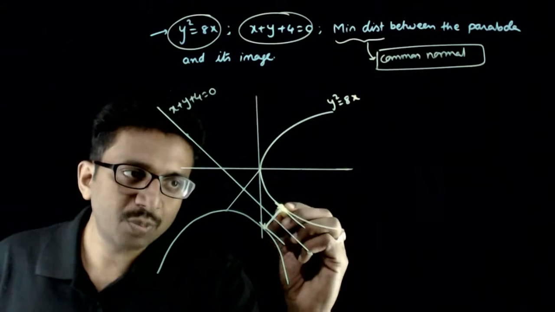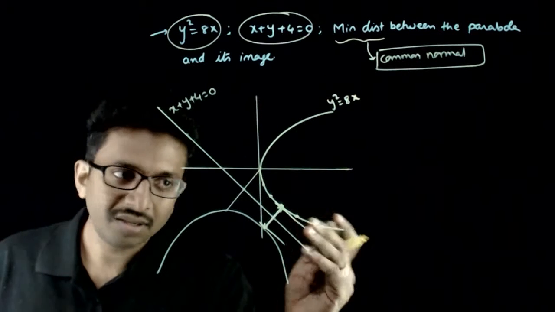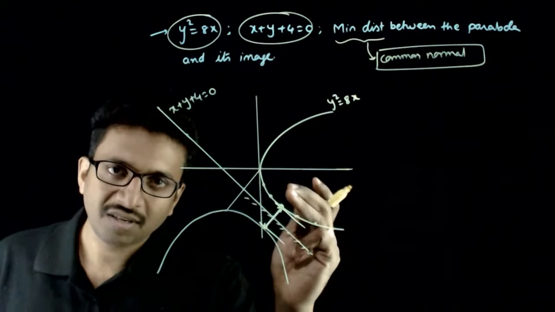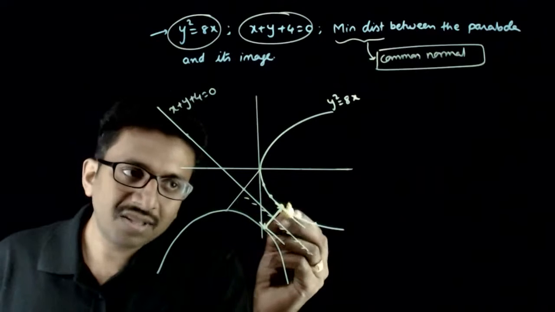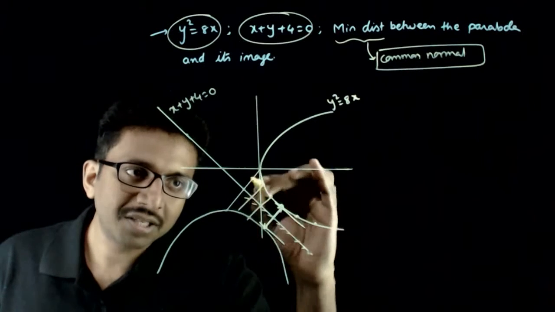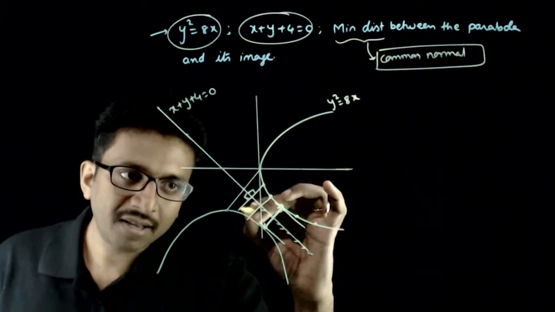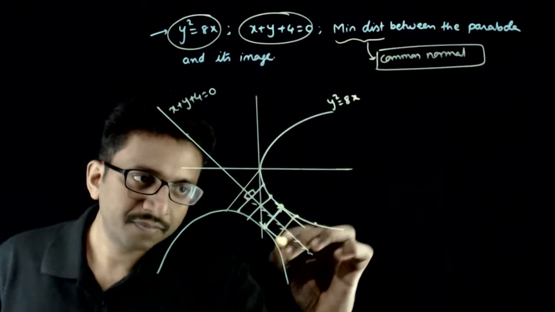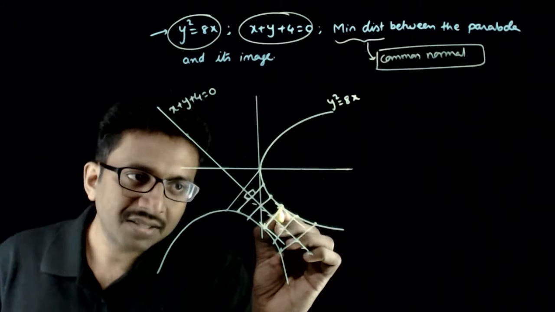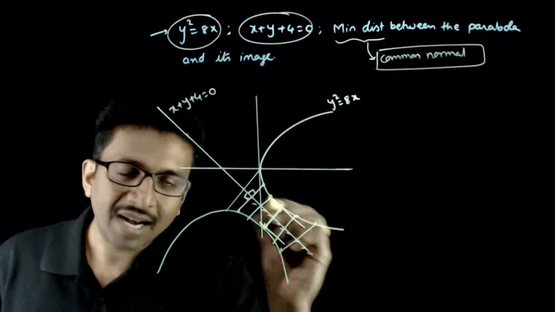Each point on this curve gets mirror imaged about this mirror, in the perpendicular direction. Each point goes perpendicular to the mirror and reflects in this direction. So the minimum distance occurs in the direction normal to this line and the given parabola.